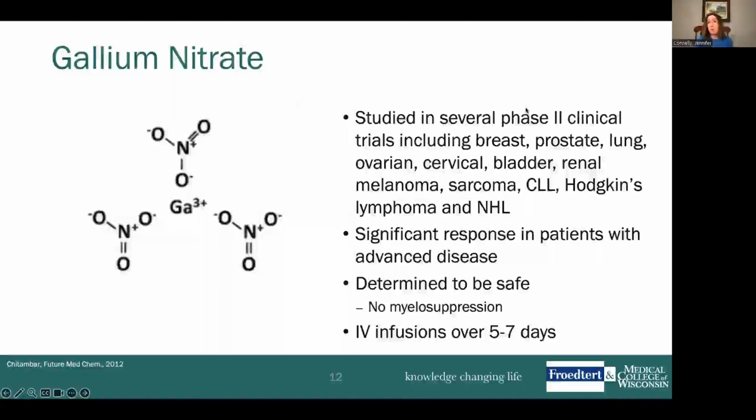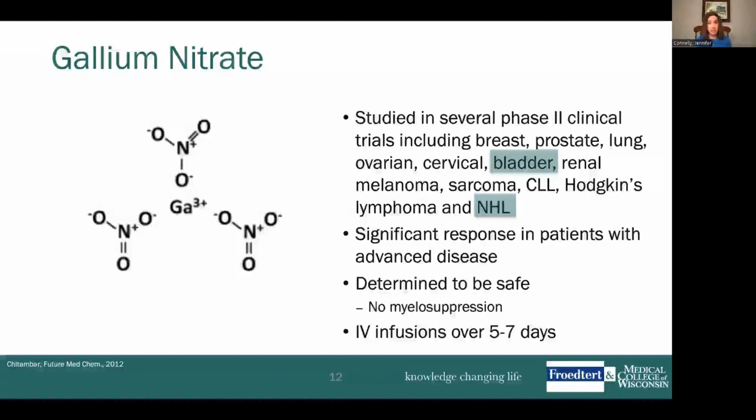So one of the first gallium compounds that was studied in cancer was actually a drug called gallium nitrate. Now, gallium nitrate was an IV infusion. There were several phase 2 clinical studies looking at various solid organ tumors that were refractory to treatment. This did not include brain tumors, but there were a couple of cancers that seemed particularly sensitive to gallium nitrate.